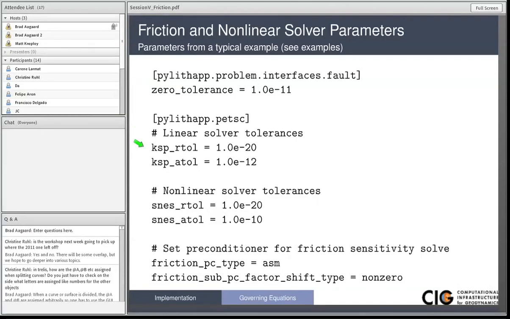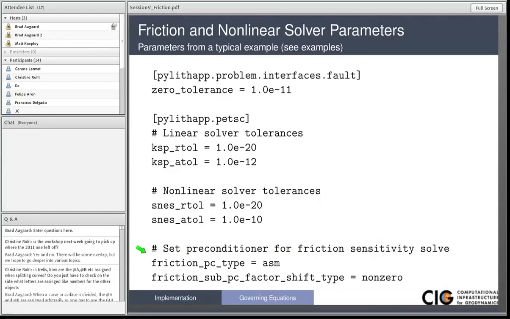I've imposed a very small relative tolerance, 10 to the minus 20, so that I'll always hit my absolute tolerance first. Notice that my linear solver absolute tolerance is 1 order of magnitude smaller than my zero tolerance. And for my nonlinear solver, again, I use a very small value for my relative tolerance, and then 1 order of magnitude larger than my zero tolerance for my nonlinear solver absolute tolerance.